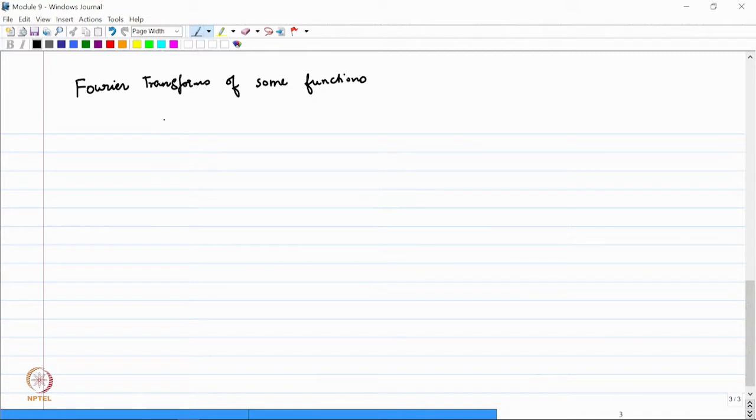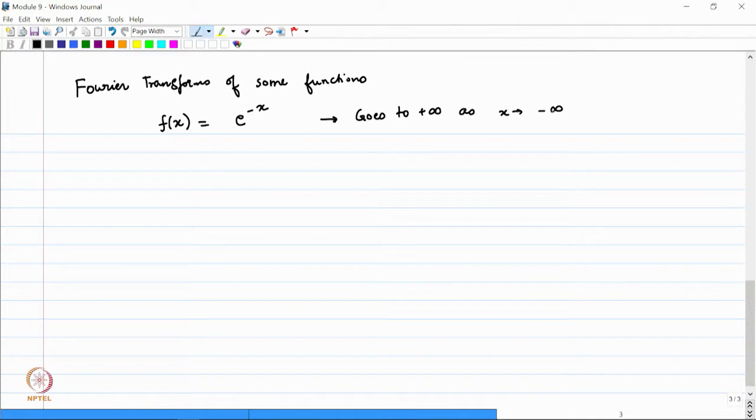Okay. So, suppose I have f of x equal to e to the minus x. You can see that this function goes to infinity as x tends to minus infinity.